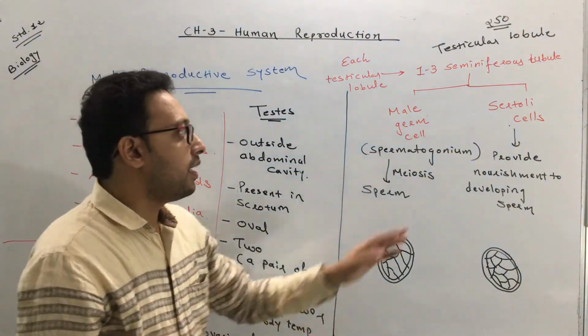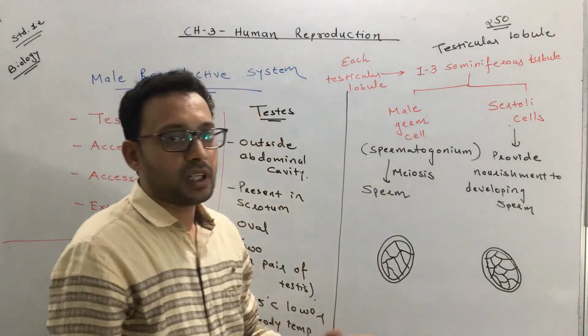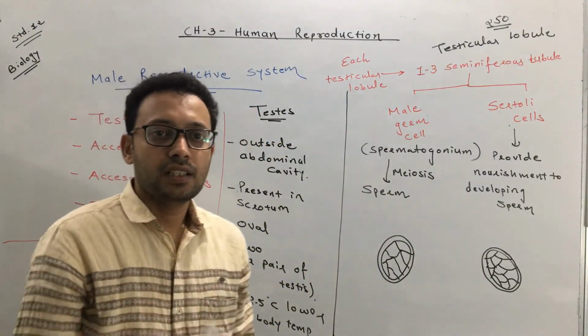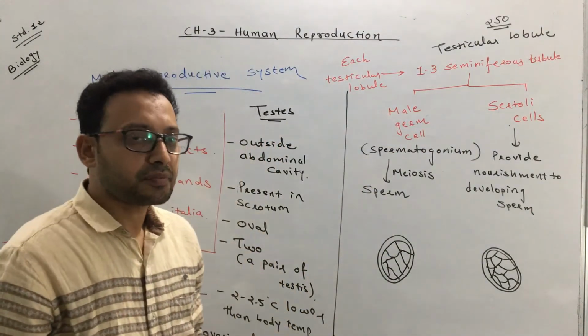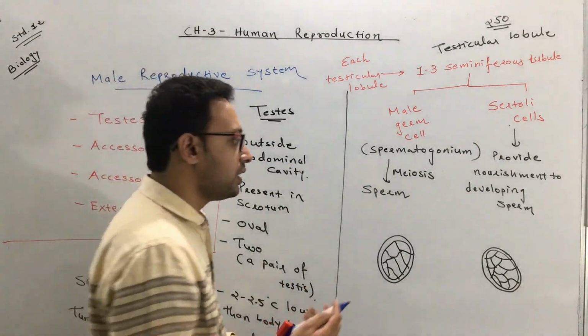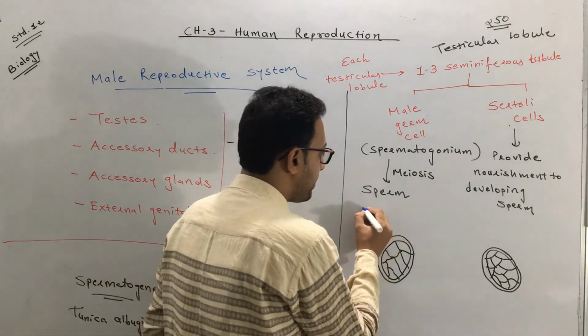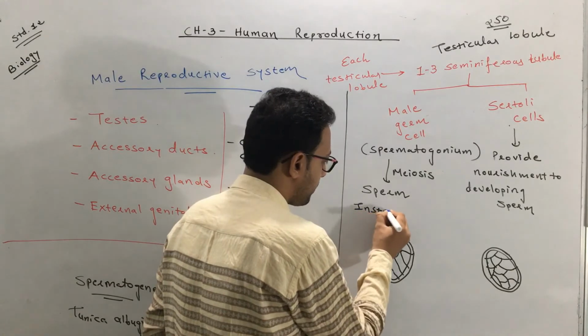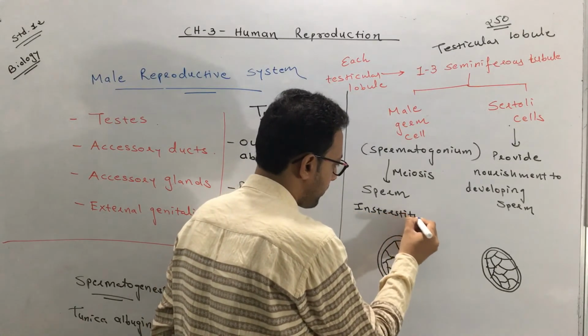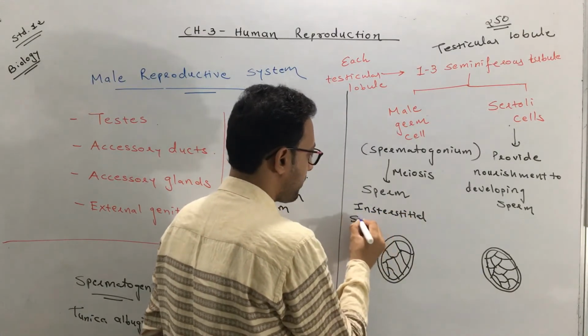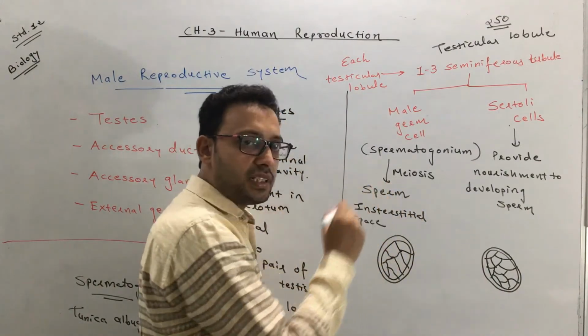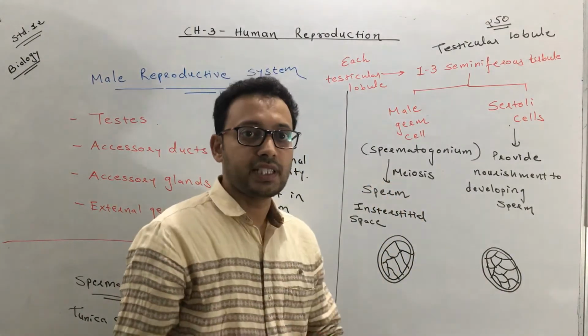Okay. Now, apart from this lining, there are small spaces present outside the seminiferous tubule, and this is called the interstitial space. What is the interstitial space?